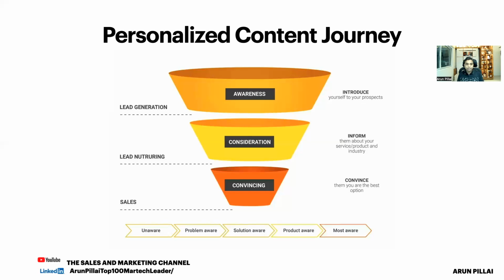Now, we need to understand how much we know about our audience at a certain point, and how much our audience knows about us, because we've been communicating with them for some time now. Depending on how much our audience knows about us, we need to continue the content journey from that point onwards.